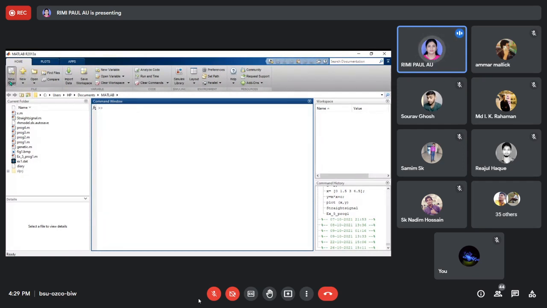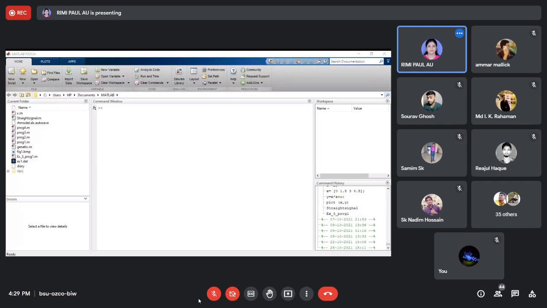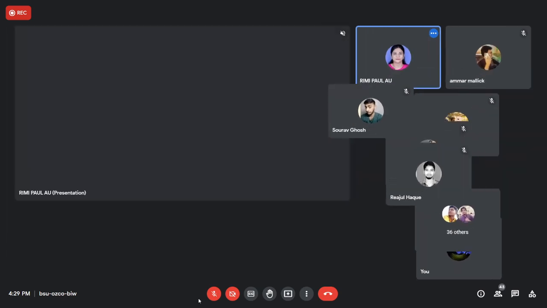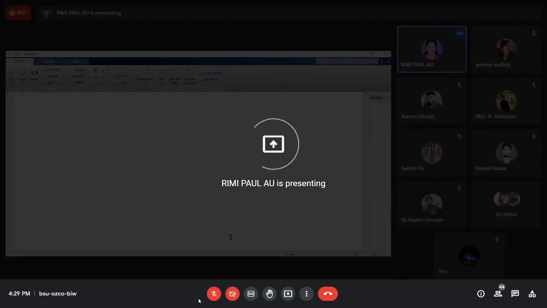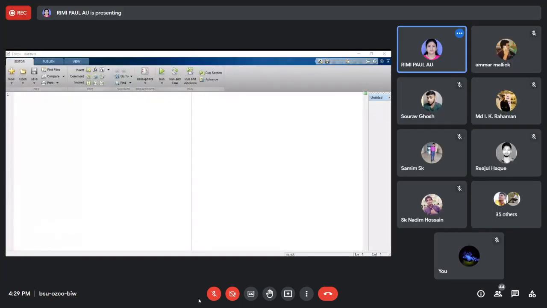If I click new script, now this new script is opened. You can see the editor, untitled. Now here you have to write the program and save it, and the run button is there. If you press this run button, you will get the output.